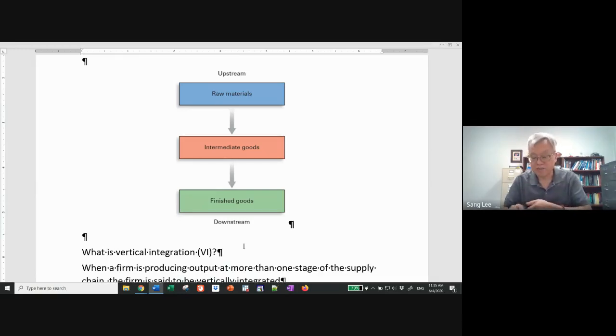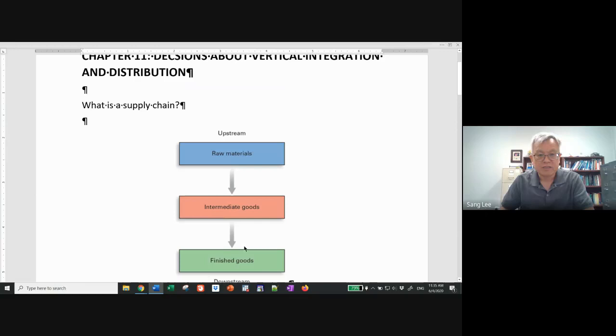So as I said earlier, the supply chain consists of many distinct production and distribution functions.